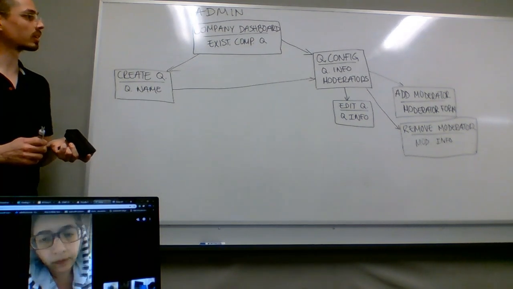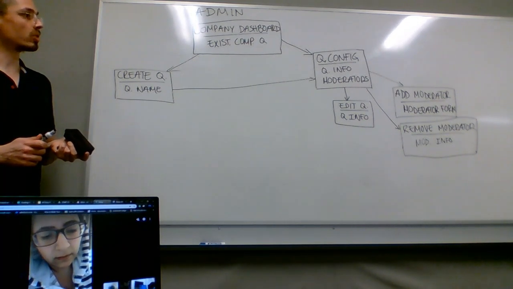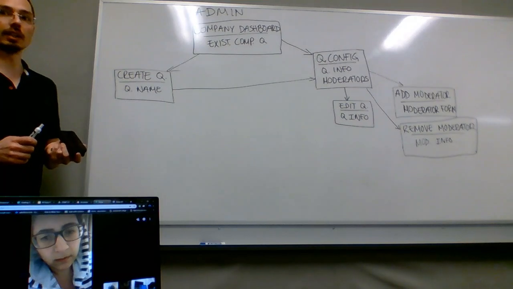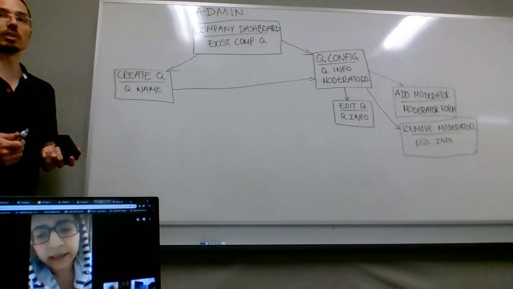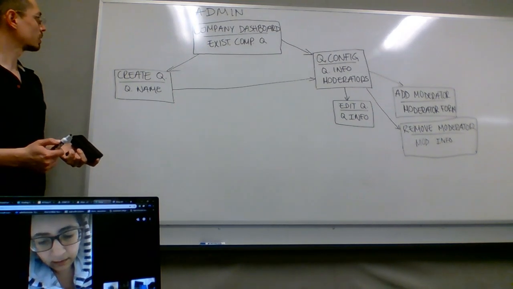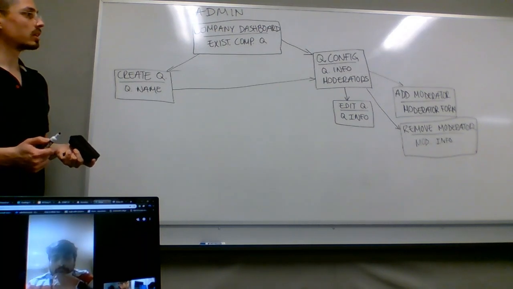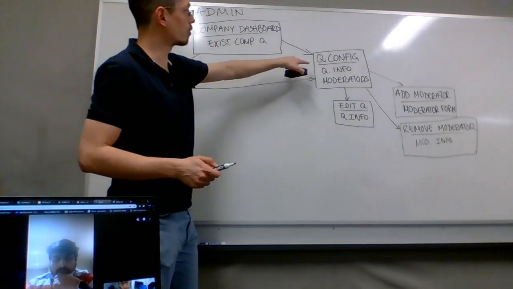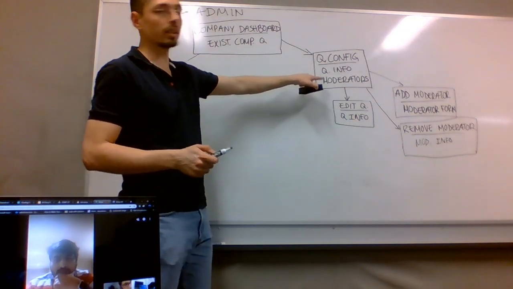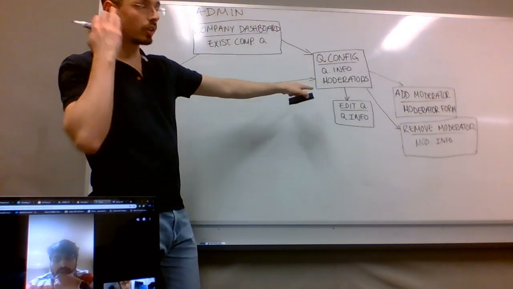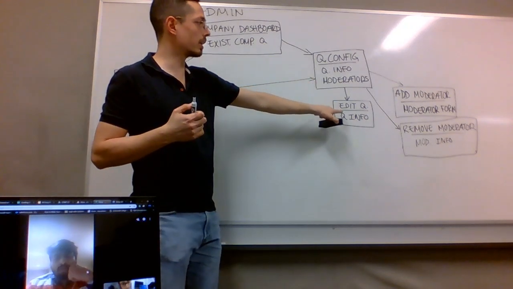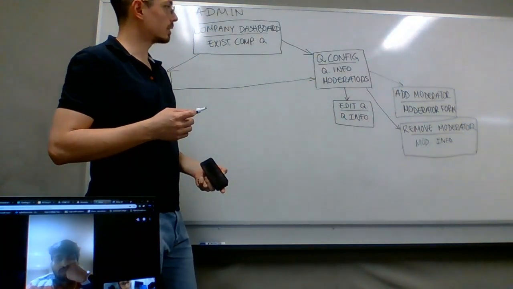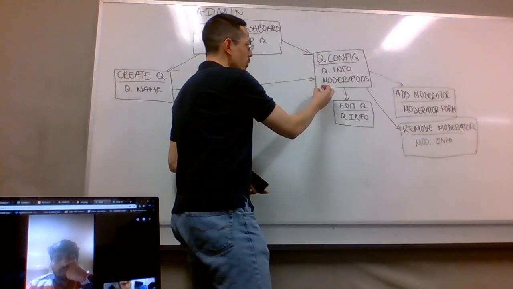Maybe remove the queue as well. Remove, like delete. Yes, not finalizing, but deleting, right? Sure. But maybe that would come from this configuration, right? So if we're configuring a queue, we are editing, and we can remove.